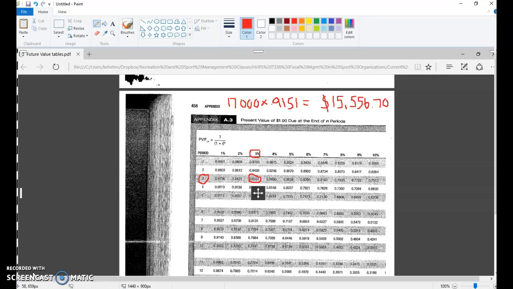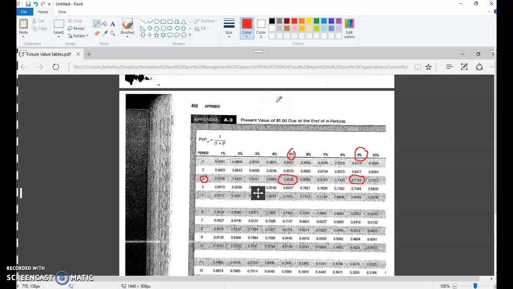3% discount rate. So it also asks us to calculate that same situation, a $17,000 payment in 3 years at a 5% discount rate and then at a 9% discount rate. So we're still looking at that 3-year period, and we're just going to use that same formula, but for a 5% discount rate, we use this multiplier, 0.8638, and then for the 9% discount rate, we use this multiplier, 0.7722.